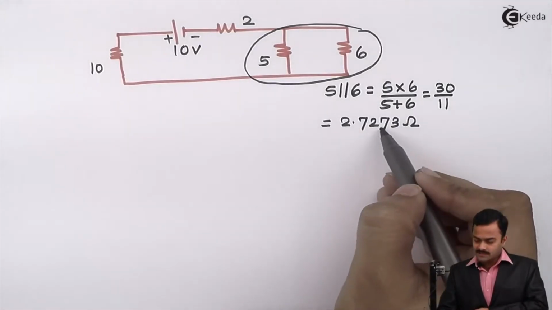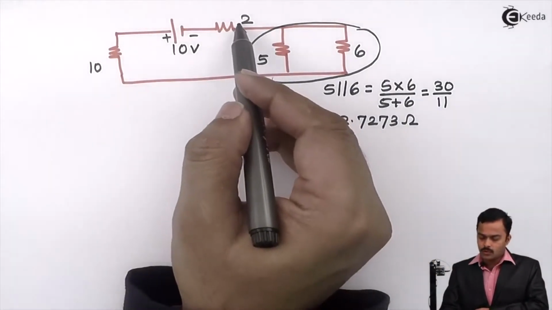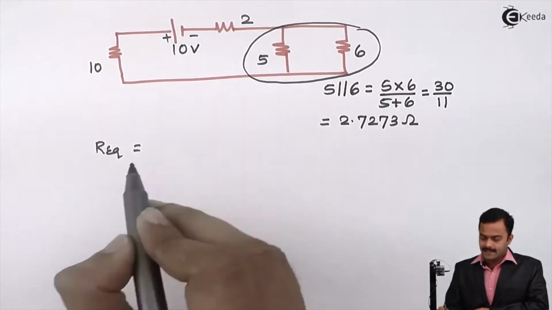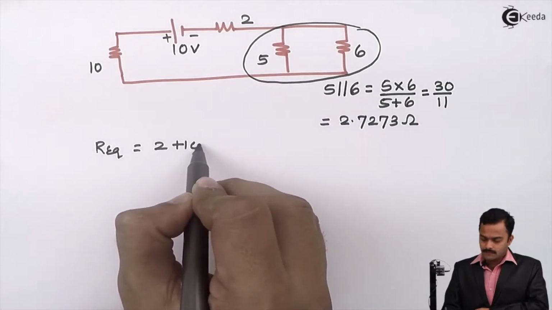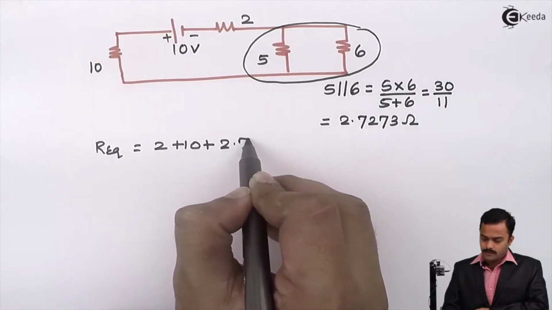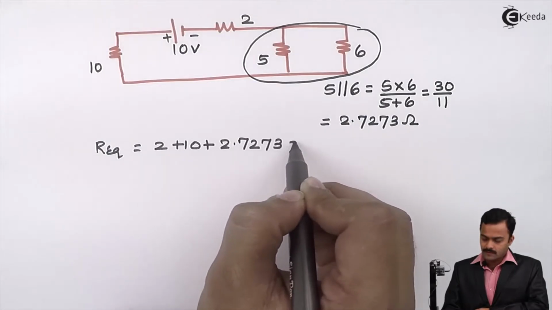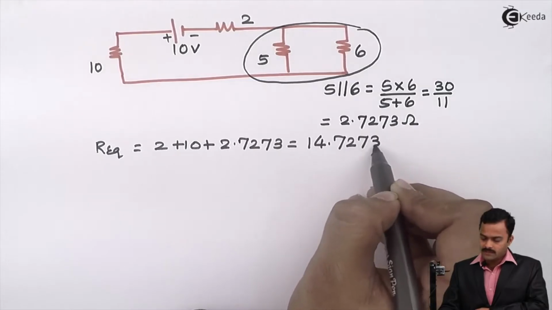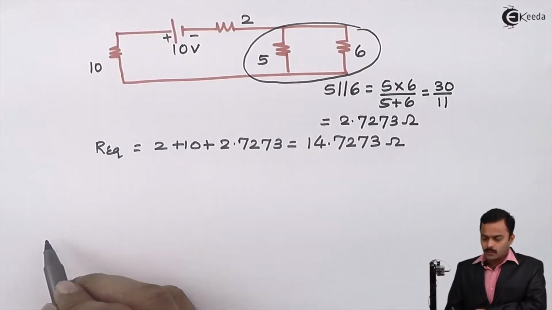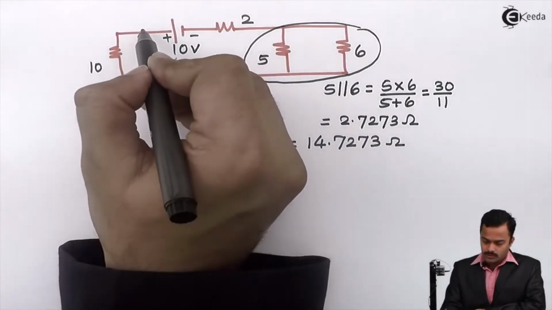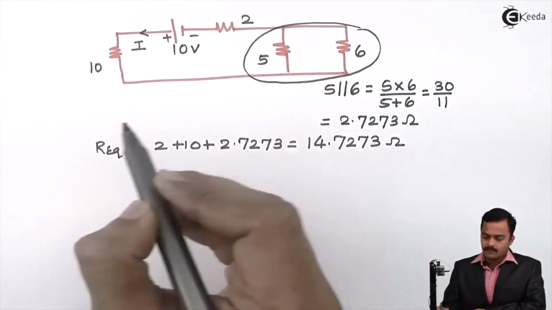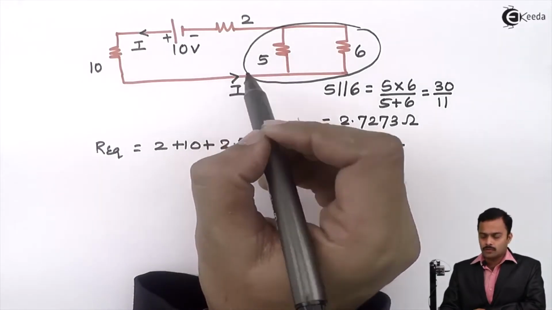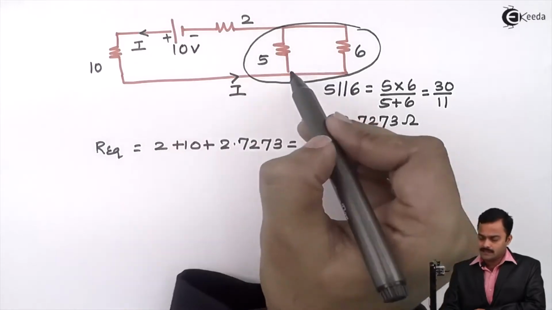Now this resistance will come in series with 2 ohm and 10 ohm. So R equivalent is 2 plus 10 plus 2.7273, which is equal to 14.7273 ohm. Why have we calculated this R equivalent? In order to know this current I, we should know the current flowing through this battery, or the current given by this battery.